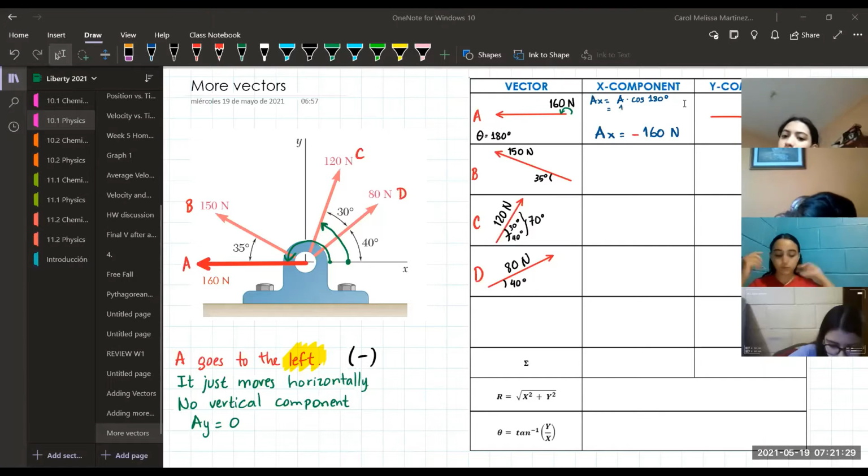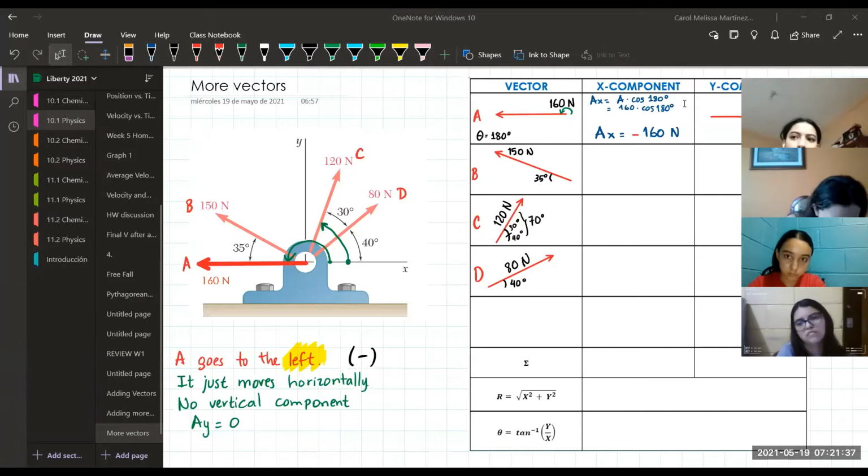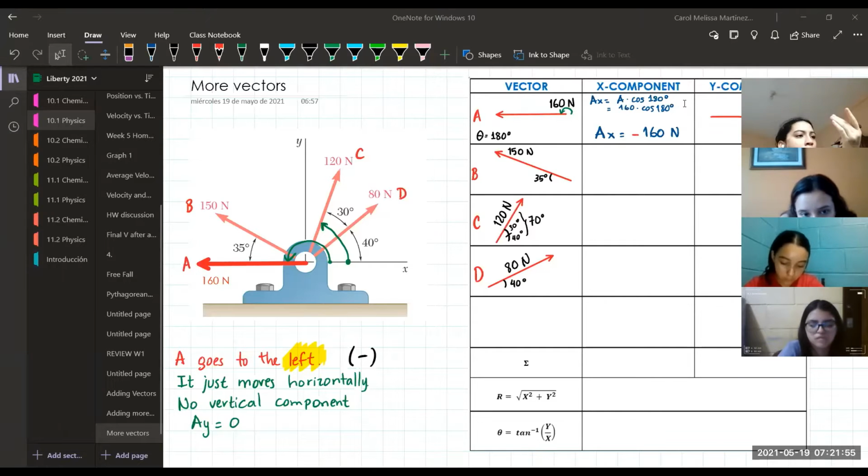This is 160 times cosine of 180 degrees. How much is that? Negative 160. So you can do the procedure with the angle, but I find it totally unnecessary because by just analyzing the direction, you can tell the answer. If you can skip a procedure, do it. Make your life simpler. There is a procedure if you want to do it. Both answers are going to be correct.